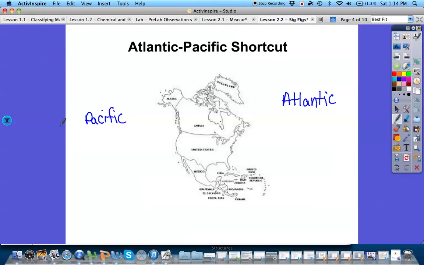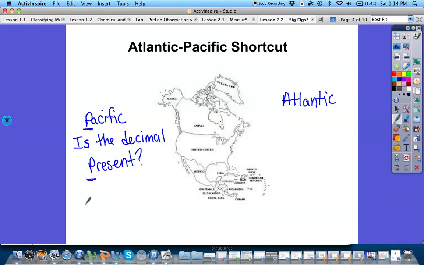So Pacific, Atlantic. I want you to write in, is the decimal present? So Pacific starts with a P, present starts with a P, so they go on the same side.